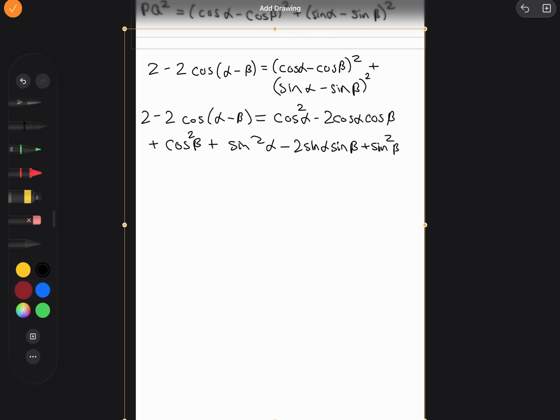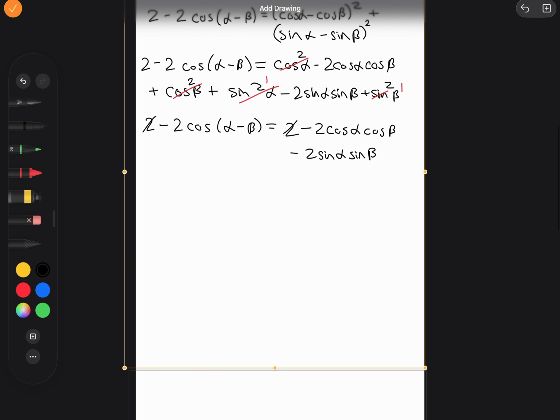And now, due to our Pythagorean identity, cosine squared alpha and sine squared alpha equal 1, and cosine squared beta and sine squared beta equal 1. So now the left-hand side is still 2 minus 2 cosine alpha minus beta. Now the right hand is 1 plus 1, so 2 minus 2 cosine alpha cosine beta minus 2 sine alpha sine beta.